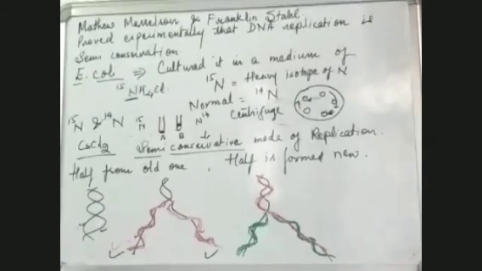That means when they are cultured for one generation, what will happen? The N15 will come onto one strand only, because replication will take place only once. So one strand will get labeled with N15.